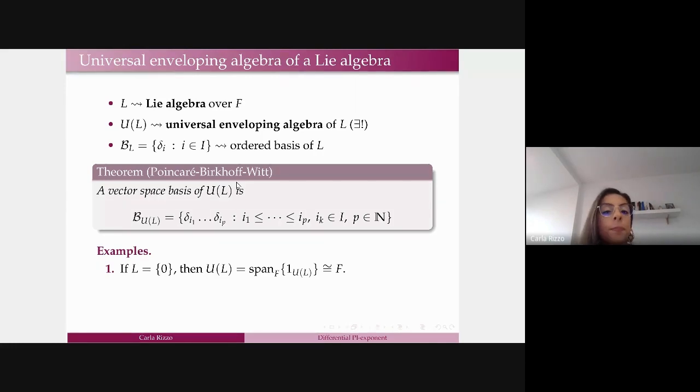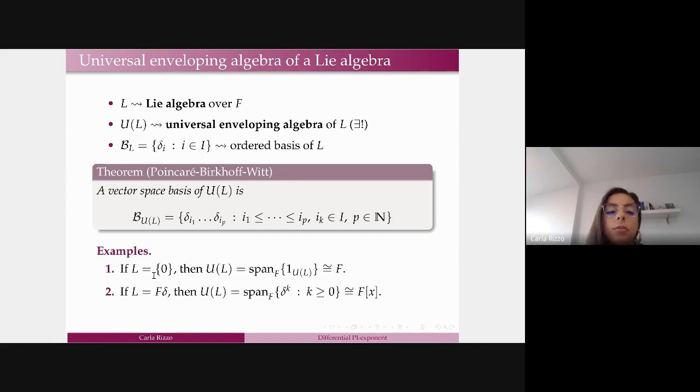Two examples. The first, if L is the trivial Lie algebra, the zero Lie algebra, then the universal enveloping algebra, it's easy to see from the Poincaré-Birkhoff-Witt theorem, is just generated by the unit. So the unit is the empty word, okay? And so it is isomorphic to the field. This is the only case in which the universal enveloping algebra is finite dimensional.